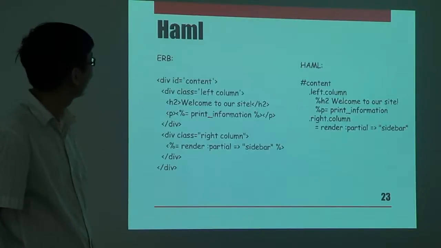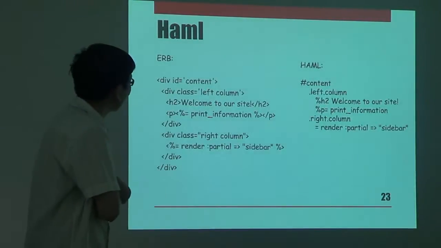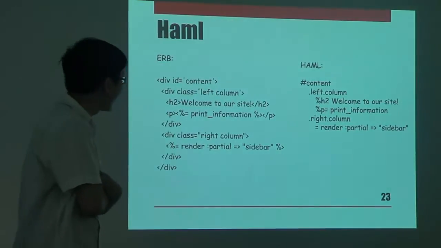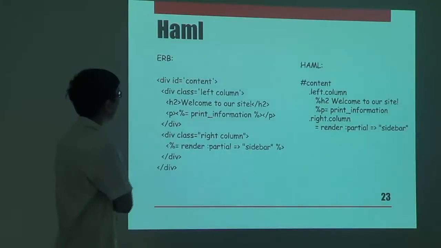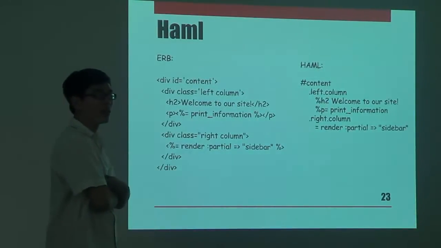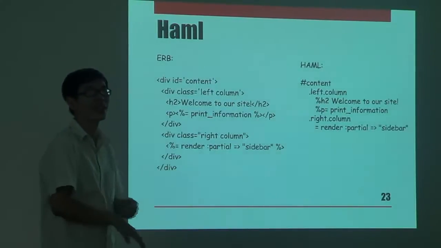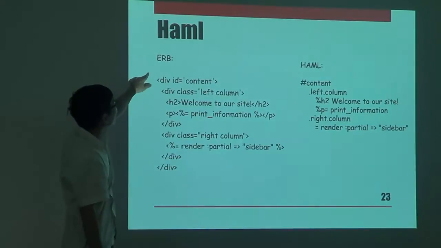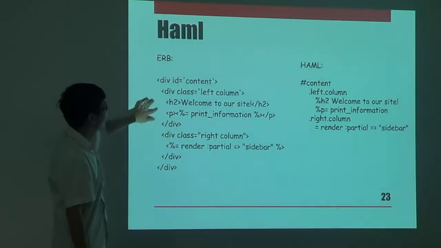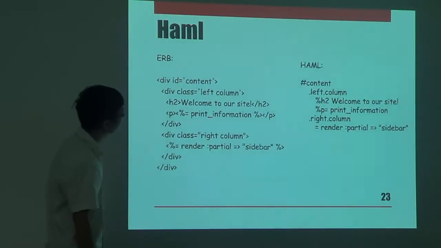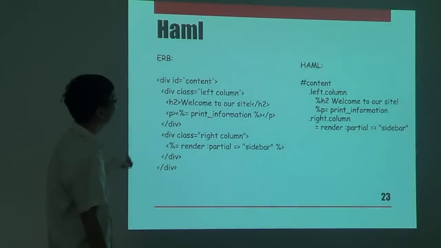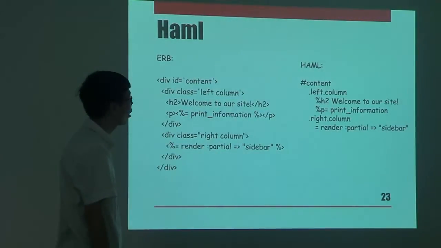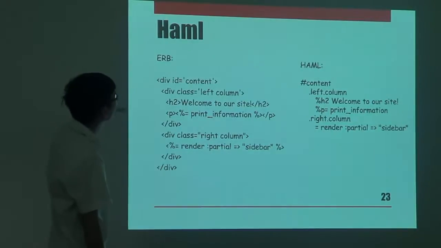Another gem that I think is useful is the HAML gem. For example, you know that in Rails they use ERB on the view side to generate the HTML. For example, we have an ERB file like here with a lot of HTML tags like this. But when we use HAML, we will have much softer code compared to the ERB files.